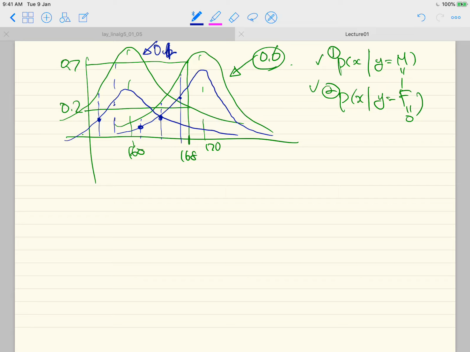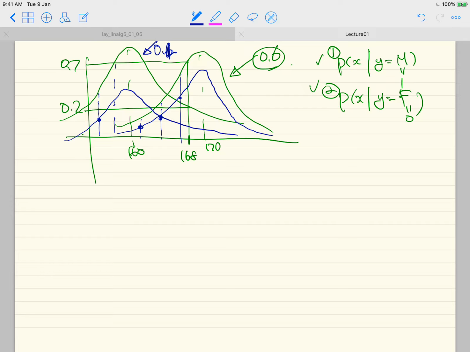So overall, we originally represented this likelihood function, which is the conditional distribution of x when y is fixed as a certain value. So y is fixed as a female or male, and then we consider these two separate distributions, and then we just downscale each of them by the corresponding prior probability. Okay.